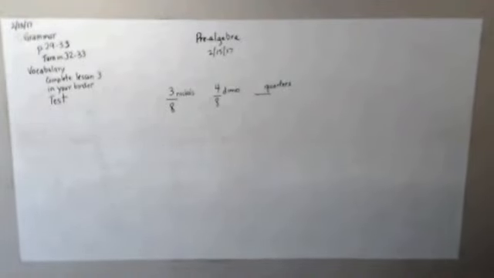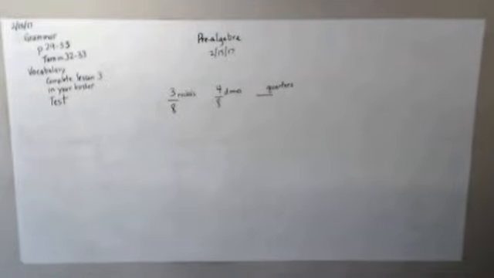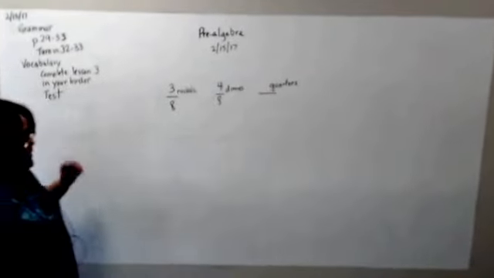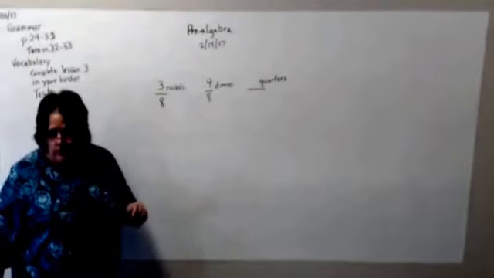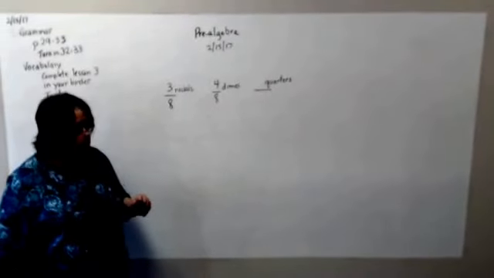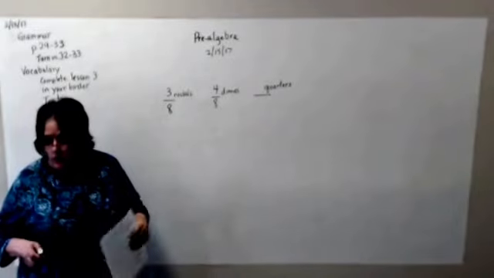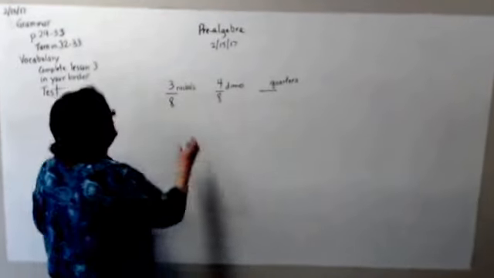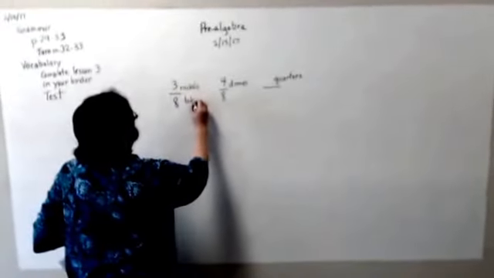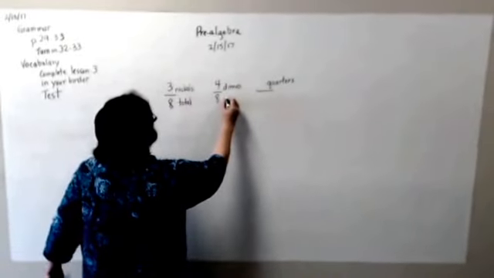Now, where did I put my piece of paper? So now let's take a look at this. Ethan, just follow along right here. It says 3/8 of her coins are nickels. That means 3 nickels out of 8 what? Total. Very good. 4 dimes out of 8 what?